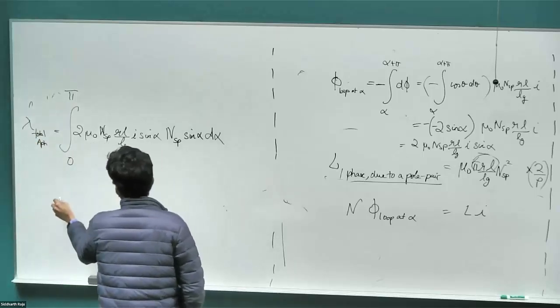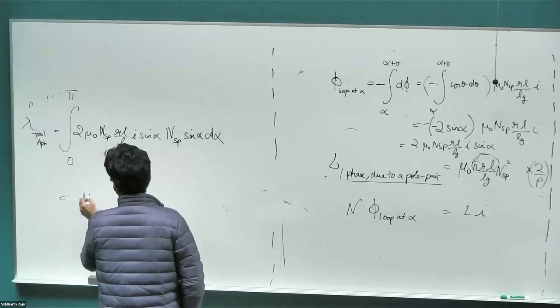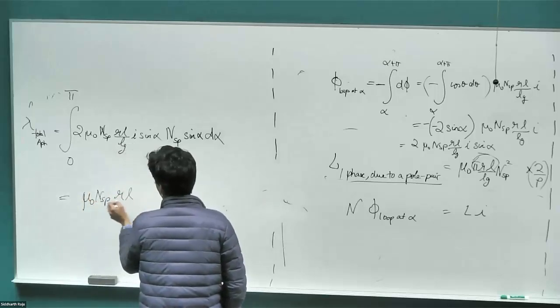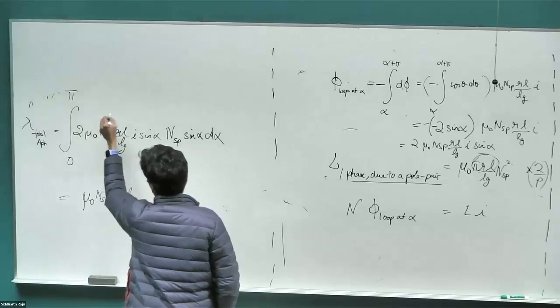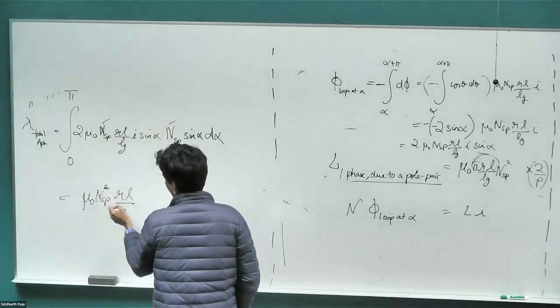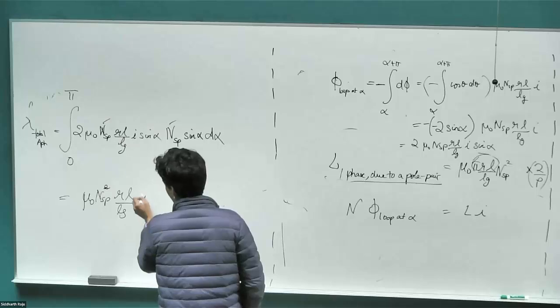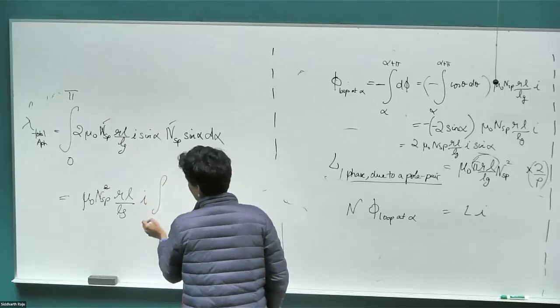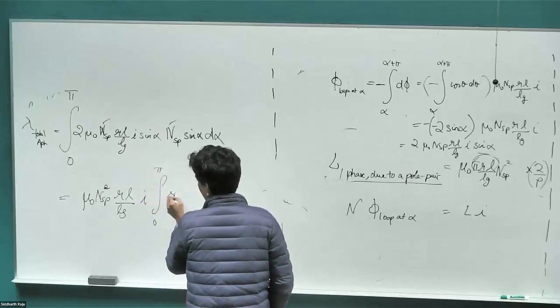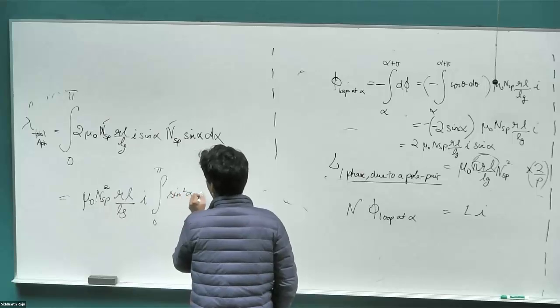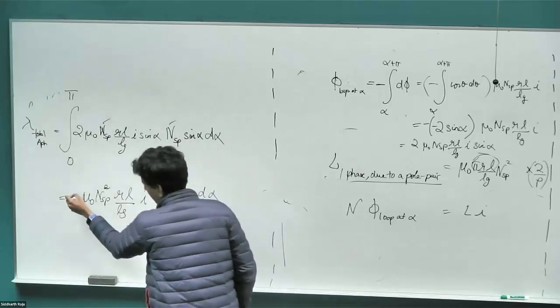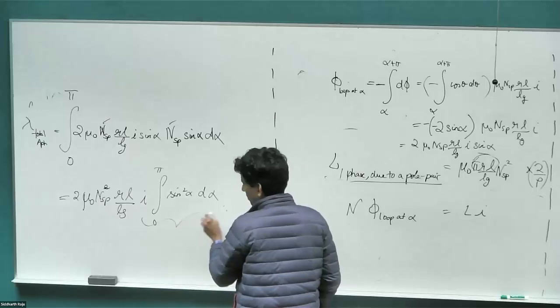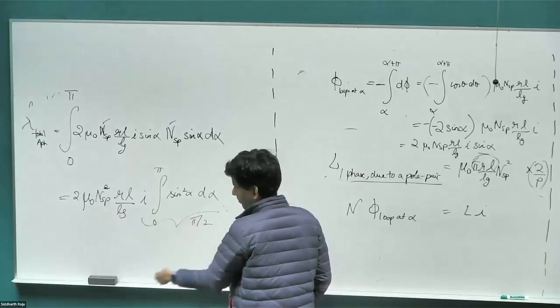So once we do this integral, you would end up with mu naught Nsp R L divided by Lg, Nsp becomes Nsp squared, times I times the integral from 0 to pi of sine squared alpha d alpha, with a 2 outside. This integral will give you pi by 2.